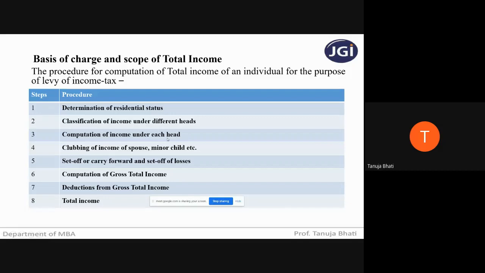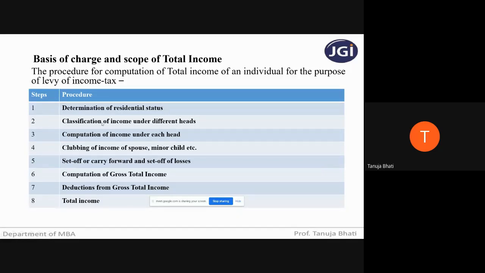See students, under the Income Tax Act, each head of income which I specified, salary, house property, business and profession, capital gains and other sources, has different calculations, different exemptions, different deductions. Like if I'm earning income from salary, I have got 3 deductions from the income that I'm earning from salary. So each head of income has different computation of the income that has to be charged to tax.